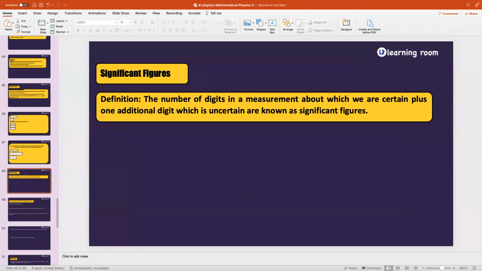So we shall get started with this. Last class I was discussing the errors, right? I told you whenever you do a measurement, you're going to get an error. There are methods to measure these errors depending on the physical quantity.